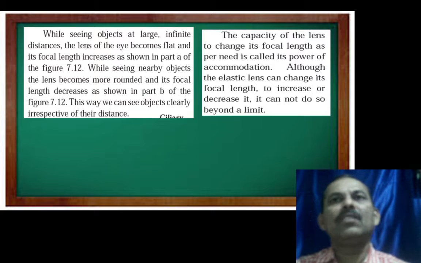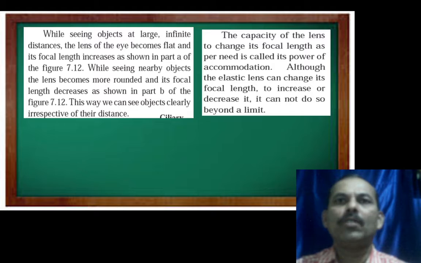So, the capacity of the lens to change its focal length as per need is called its power of accommodation. What is power of accommodation of the eye? The capacity of the lens to change its focal length as per need is called its power of accommodation. Although the elastic lens can change its focal length to increase or decrease it, it cannot do so beyond a limit.